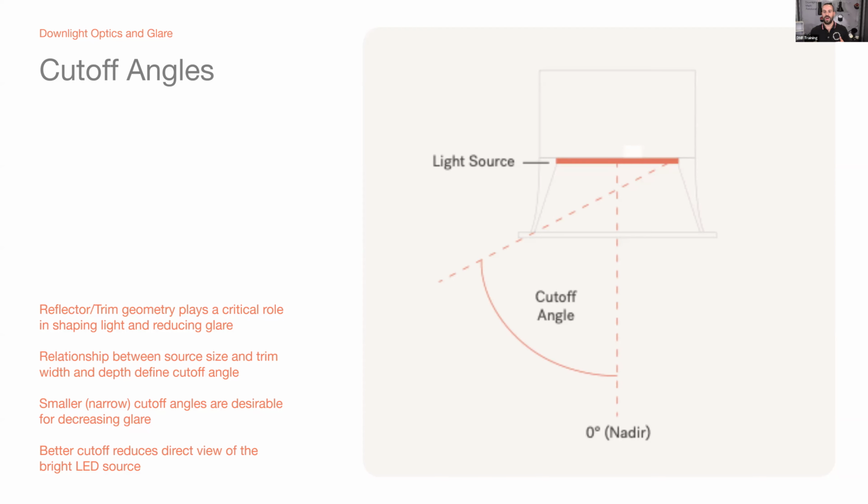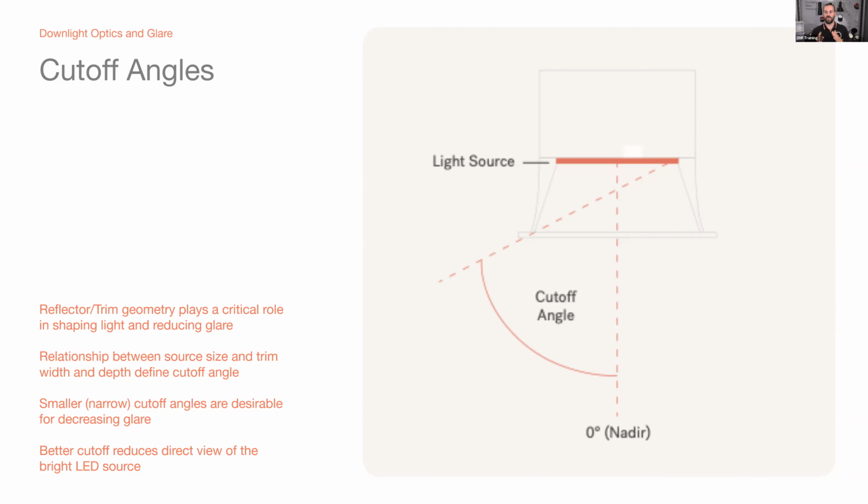So that cutoff angle describes the place beyond which you cannot see direct view into the brightest part of the fixture, which is either the LED or the optics. The relationship between the overall optic size and the trim geometry, so the depth, the height, the width, ultimately defines cutoff angle in our fixtures.